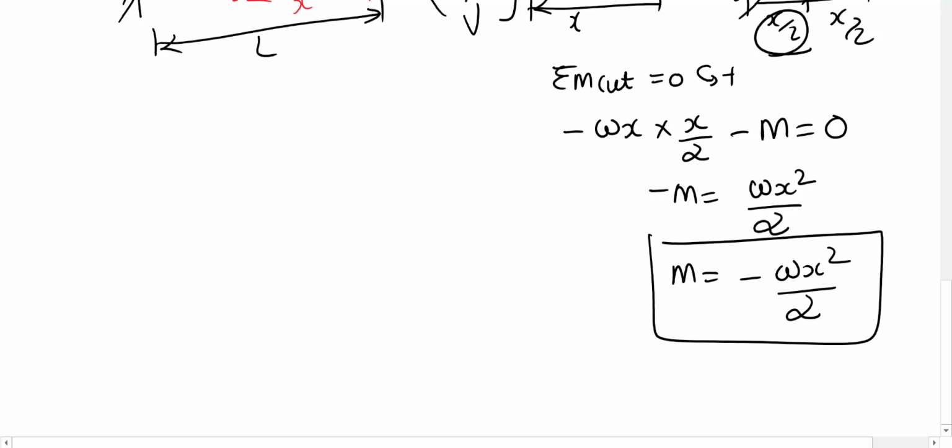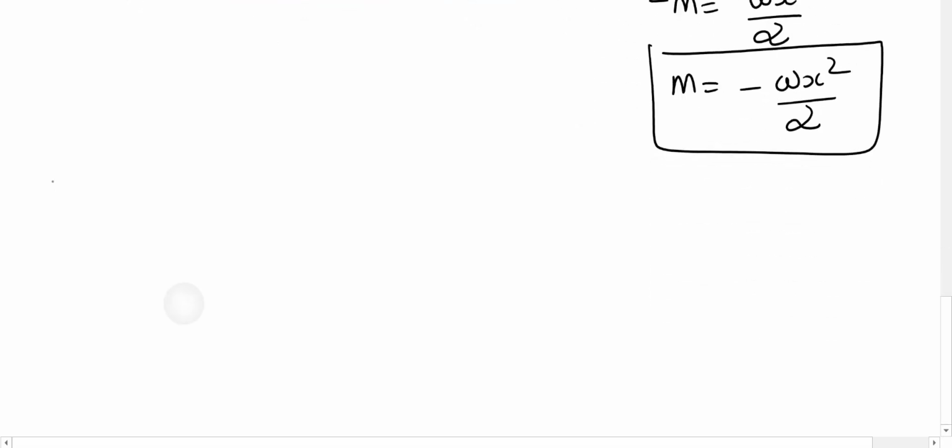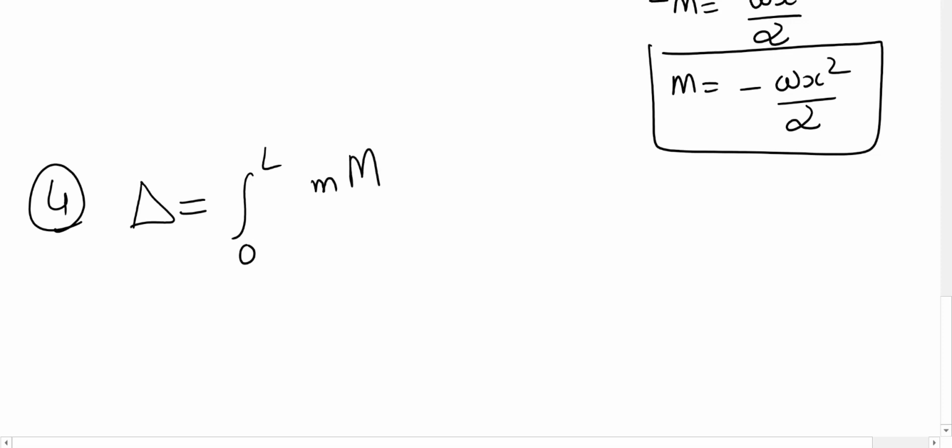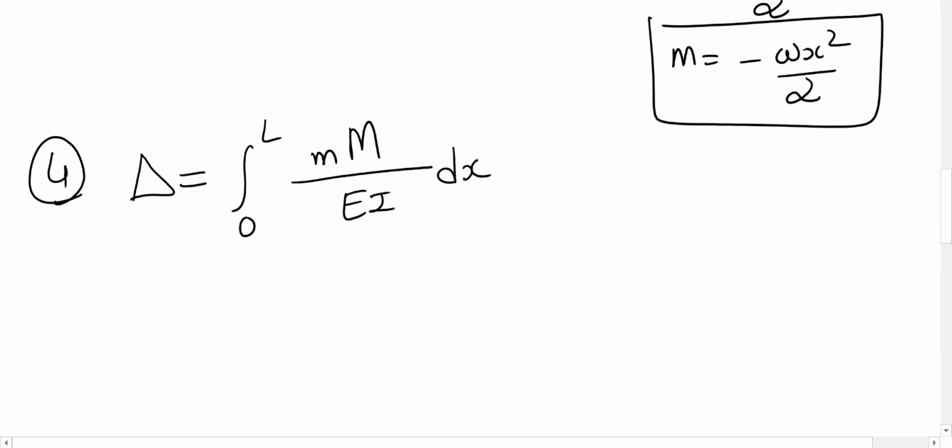Now if I want to find the deflection, step number 4: deflection equals the integration from 0 to L of the internal moment due to the virtual load, times the internal moment due to the real loading, over EI, dx.